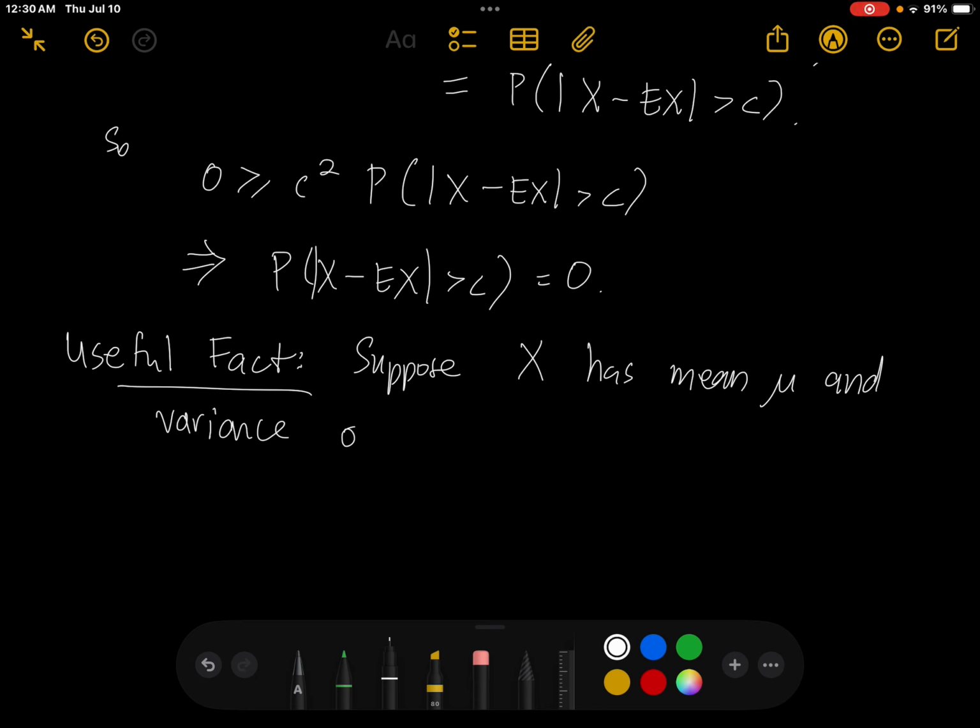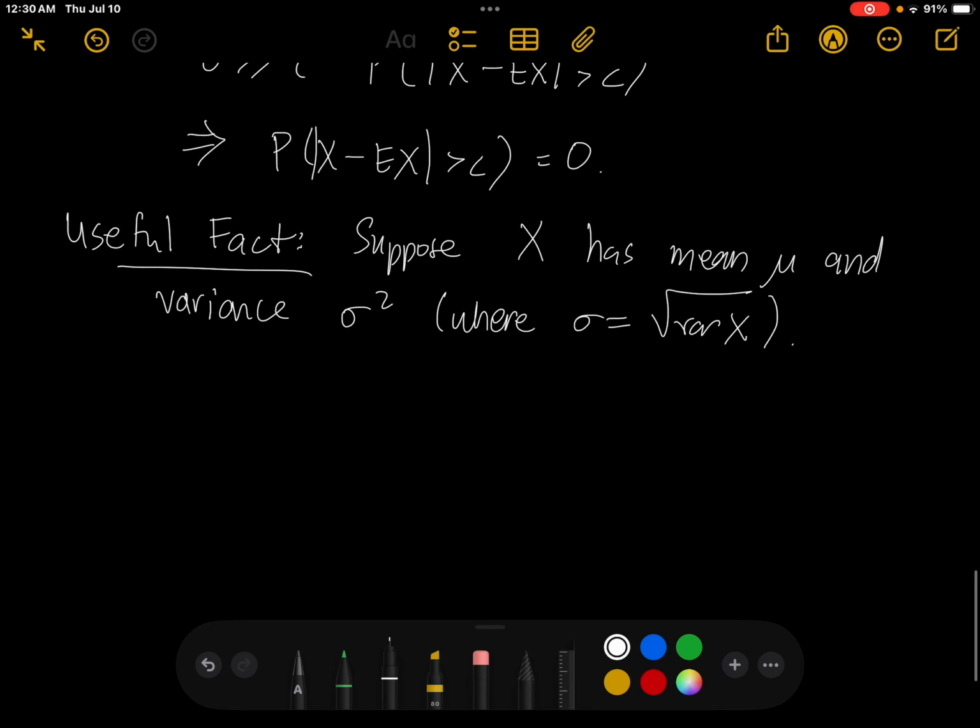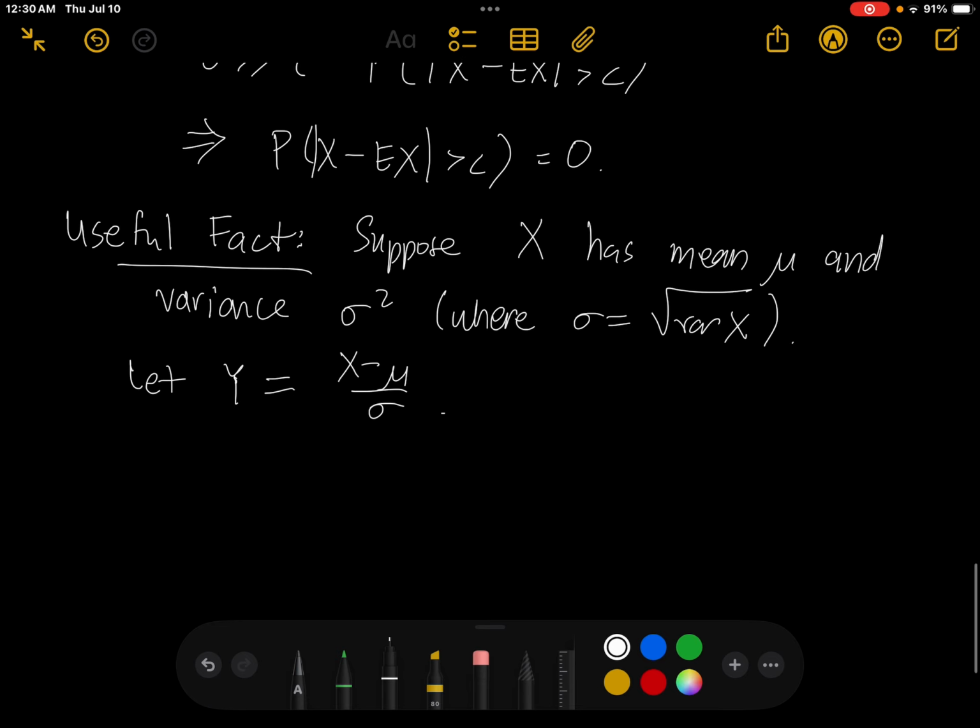And so we can identify it using the notation sigma squared, where sigma is the square root of the variance of x. Okay. So this is just a notation. Then let y be the random variable x minus mu over sigma.